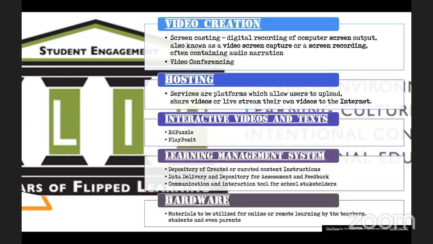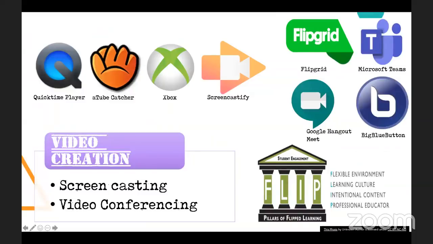Zoom is an example of a video conferencing tool, and the skill that we need for video conferencing is the ability to manipulate your tools. For example, in the case of our screen, you can utilize tools like annotation. You can also utilize the chat. There's also polling for certain streaming apps.